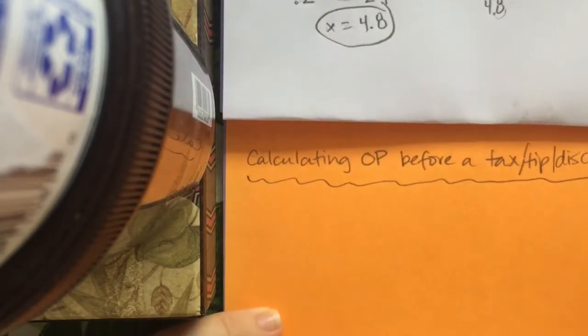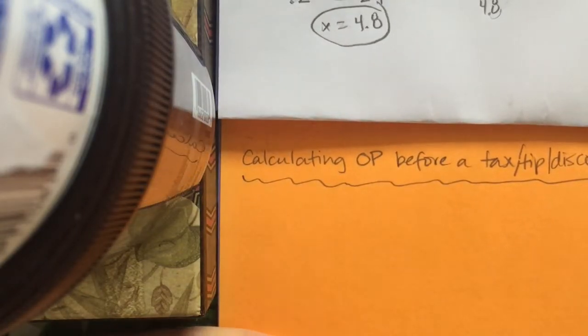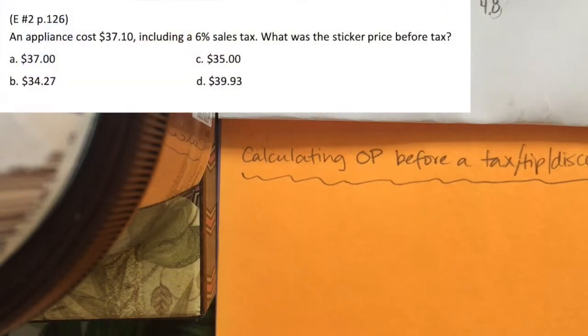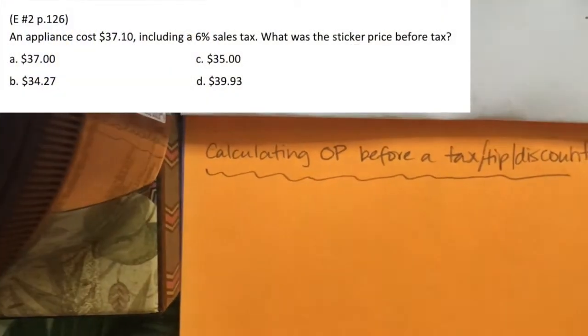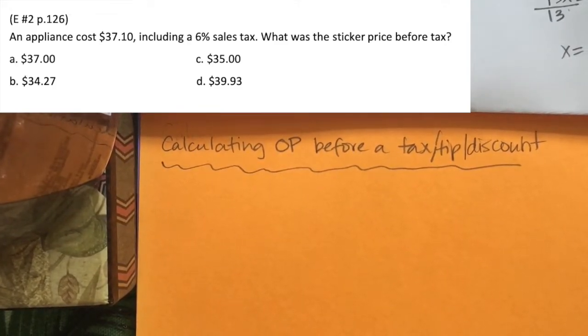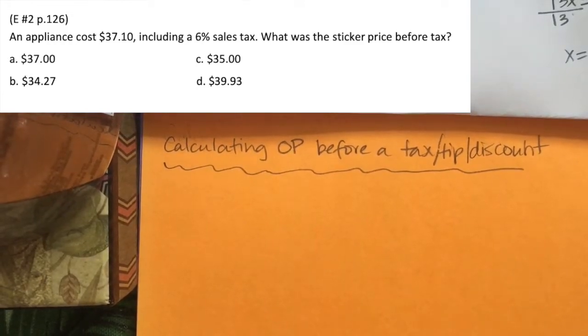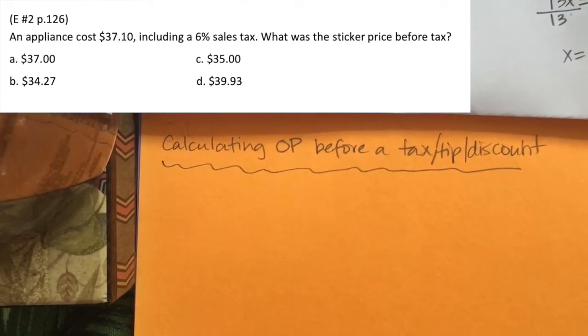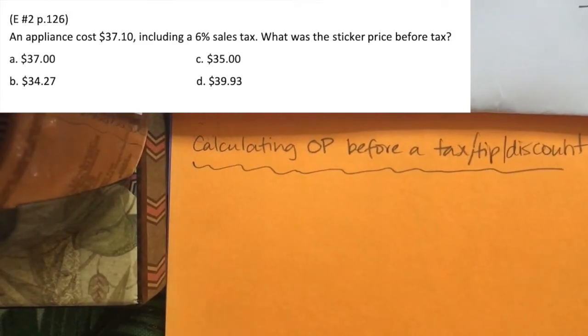All right. So what a lot of people want to do is they want to take that problem that I just gave you, and what they would do is they would do 6% of 37.10. That does not work in this situation. There's something very special you have to do with the percentage when you're calculating this problem.